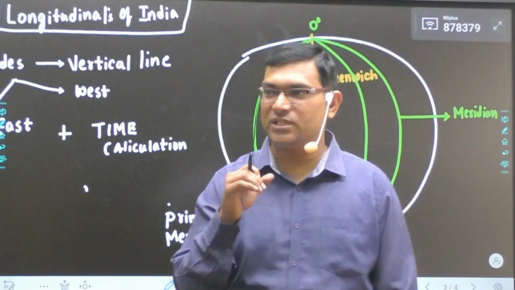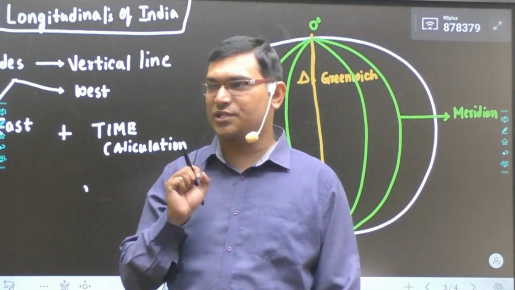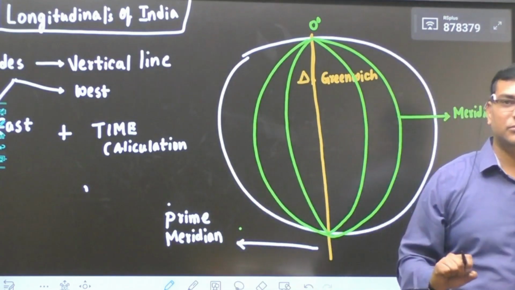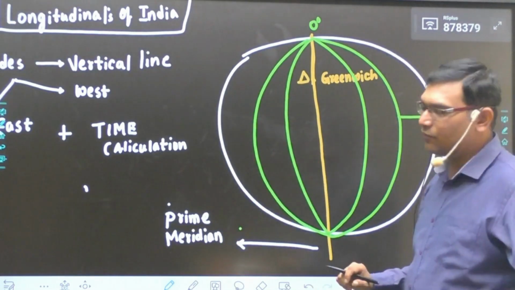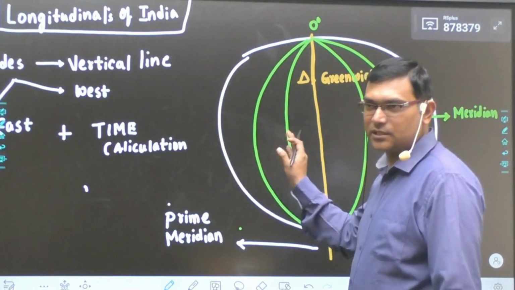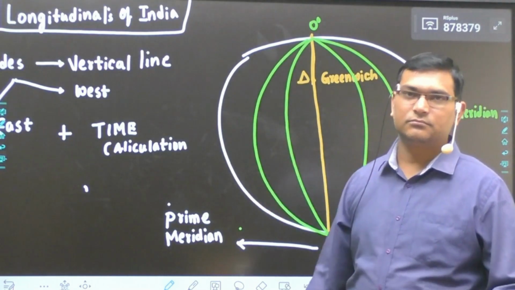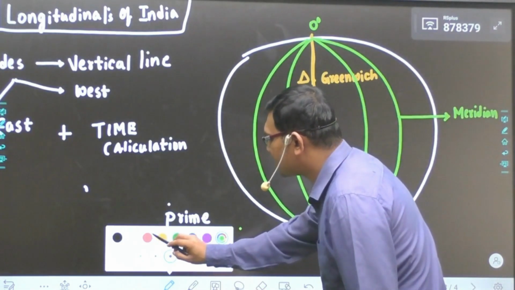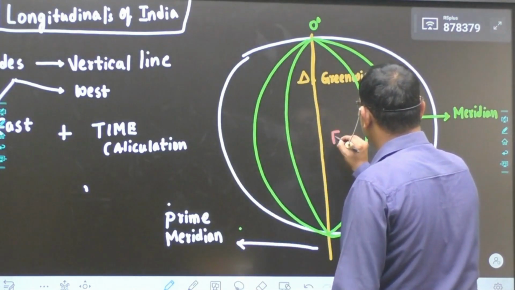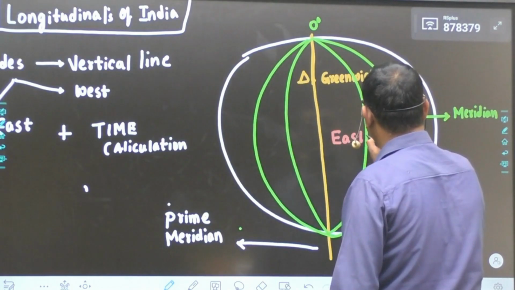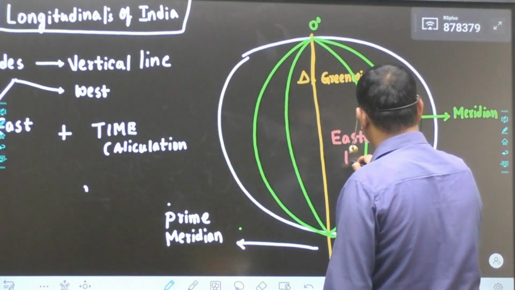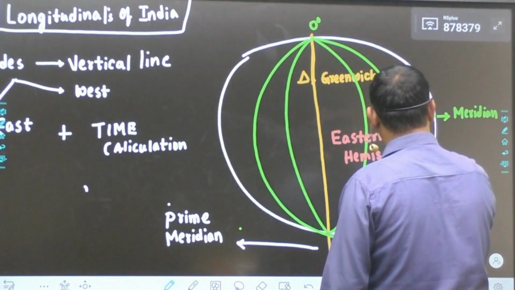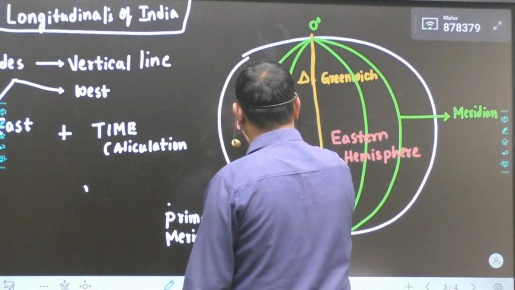They are passing through this Greenwich. Now this is your meridian and this is your prime meridian, 0 degree. This is your west, this is your east. So can I write that this is my eastern hemisphere, and this is my western hemisphere.